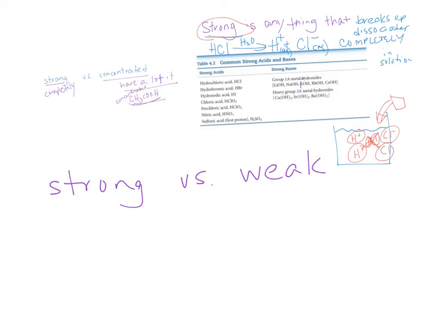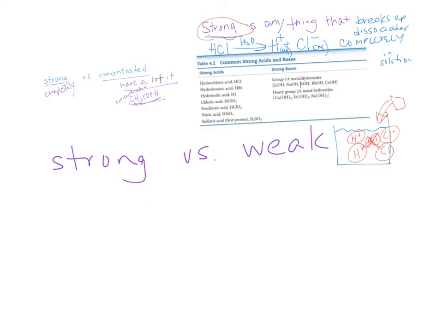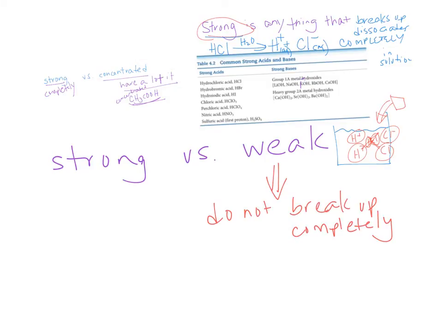Now let's compare the word strong versus weak with respect to acids and bases. If you're weak, that means you do not break up completely. An example of a weak acid, as I mentioned before, is acetic acid, CH3COOH.